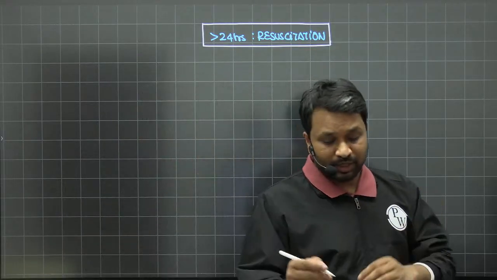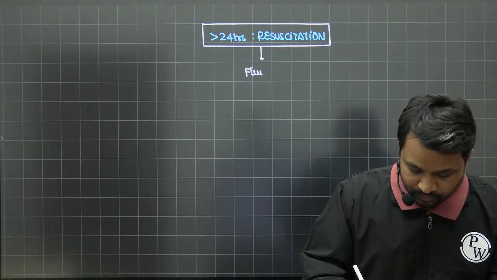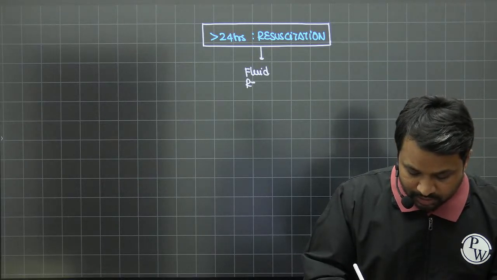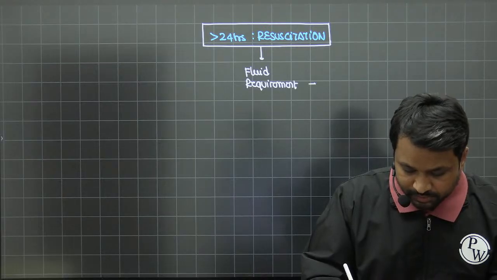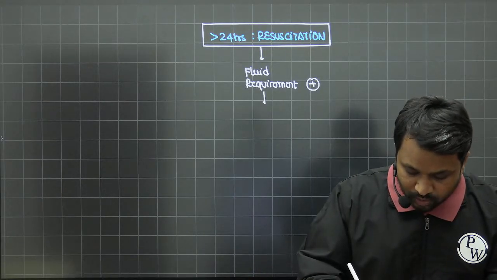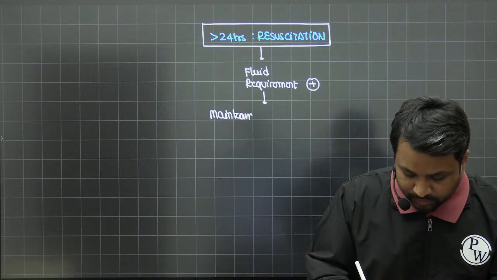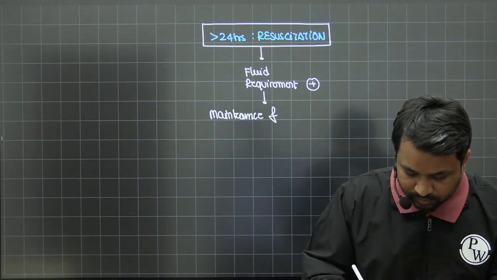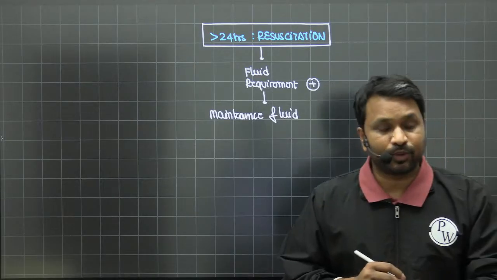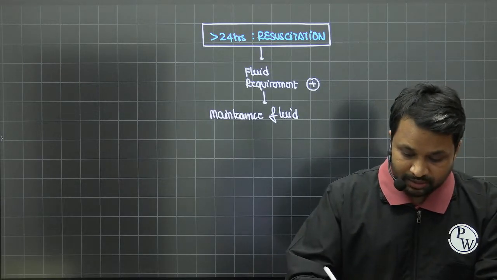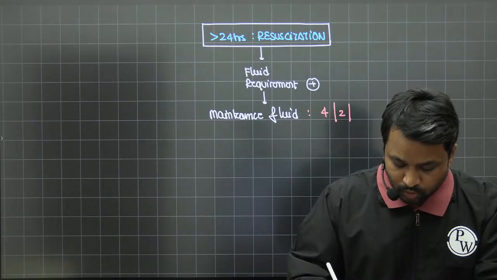If the fluid requirement persists, normally we will go ahead with something called the maintenance fluid. We'll go ahead with maintenance fluid, that is after 24 hours. Now, how do you calculate the maintenance fluid? The maintenance fluid is calculated with a rule of 4, 2, and 1.